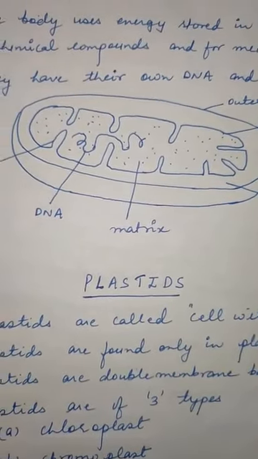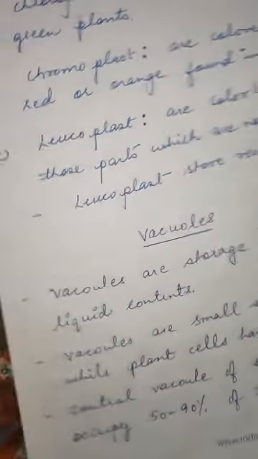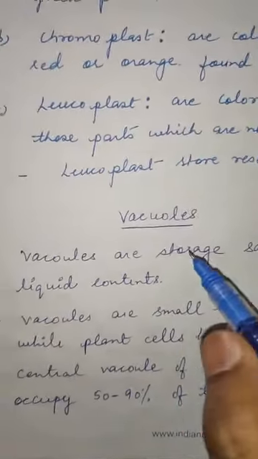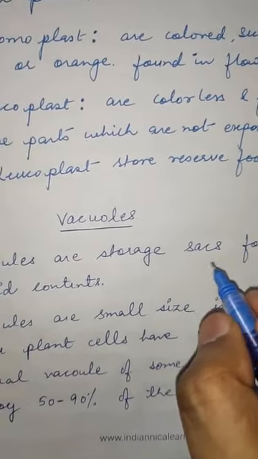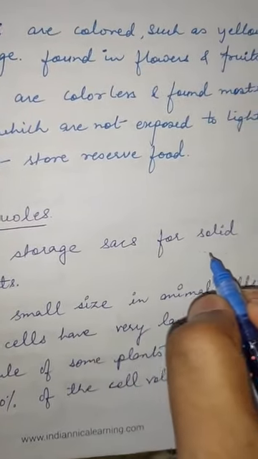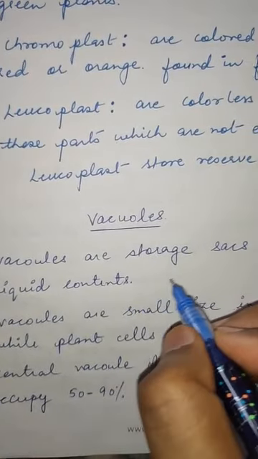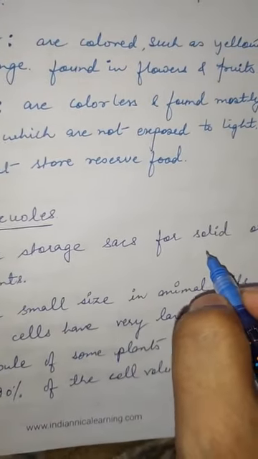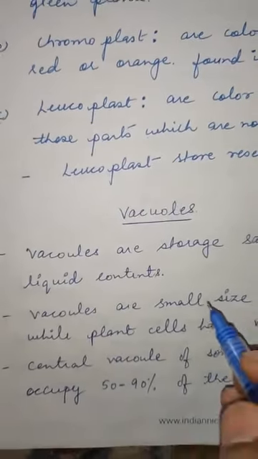Now the next topic is vacuoles, right? What are vacuoles? Vacuoles are storage sacs, sac meaning pouch, for solid or liquid contents.